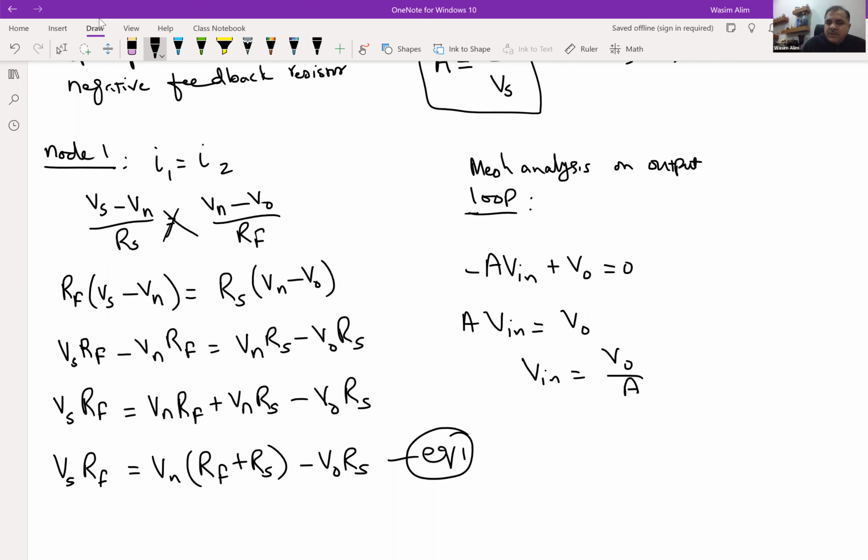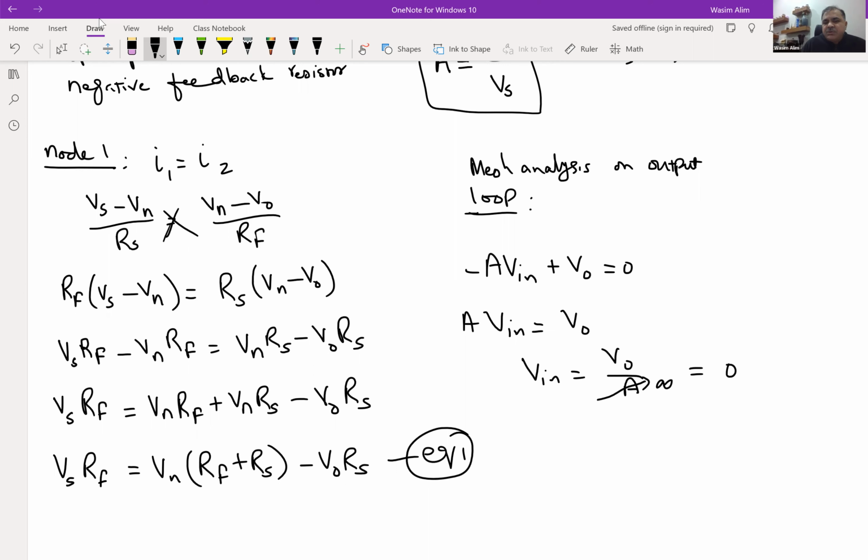Also, my third observation for the ideal op amp is that I need to have an infinite amount of gain. That's the ideal behavior. If I apply that constraint here, anything divided by infinity is 0. So Vn is equal to 0.